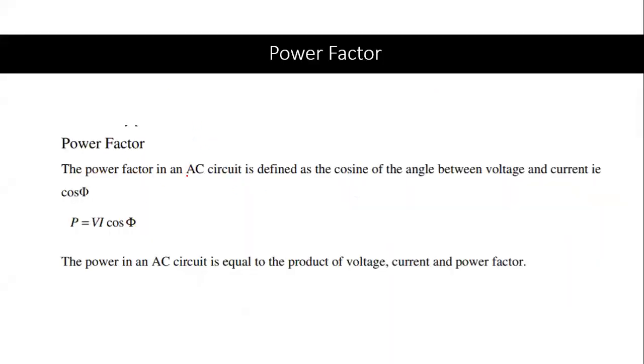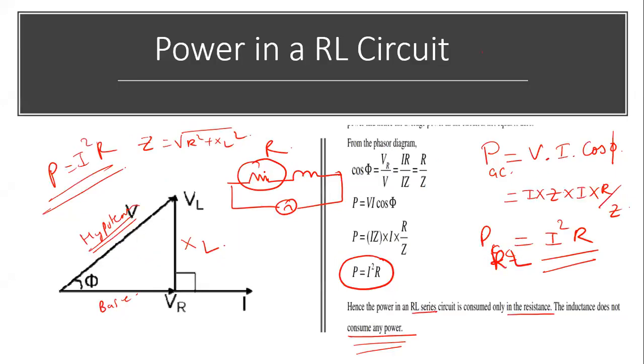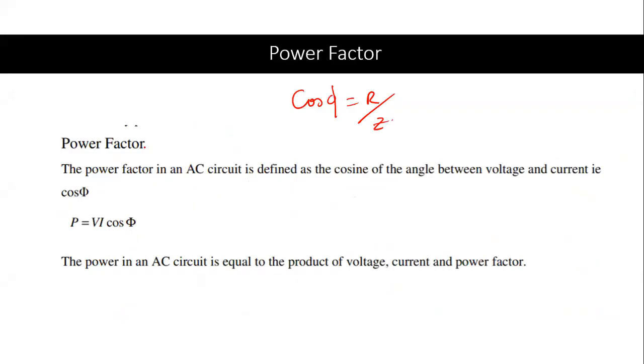Now, based on this, what we got here as cos phi, which in this case was R by Z. When we talk about power factor, it is a very important term, both in terms of concept, and they'll ask you about this in the exam.